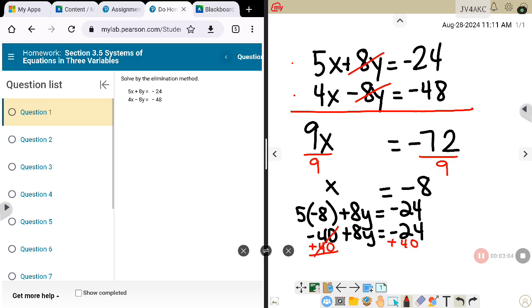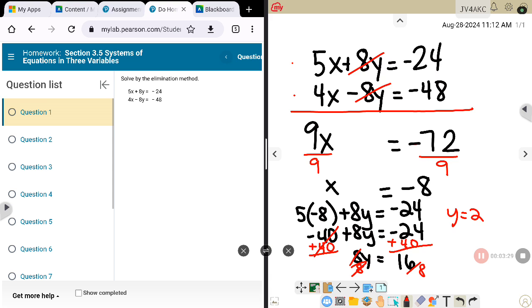So that cancels. So now I have 8y equals negative 24 plus 40, which gives me 16, and then divide by 8. So what are you left with here? When you divide both sides by that 8, you're going to have y equals 2.